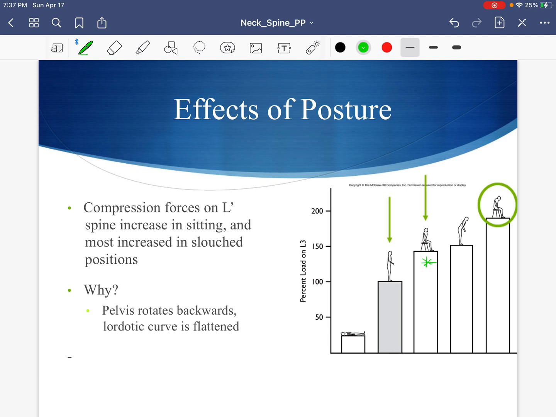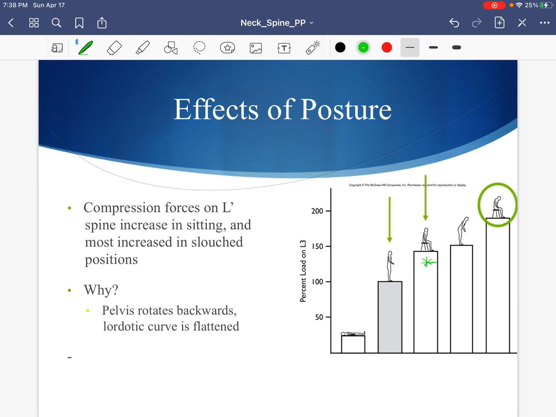The reason is that when you're sitting, we've taken the weight off your legs, so we no longer have the legs to withstand some of that compressive force. Now it all has to be on the vertebral column. Particularly, that's going to get worse anytime we slouch over. So the worst would be sitting with a slouch.